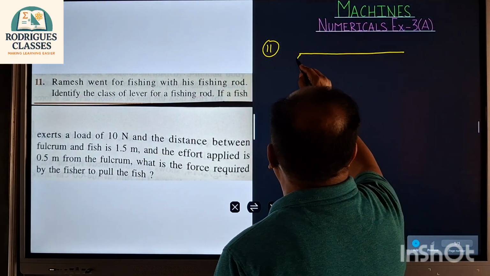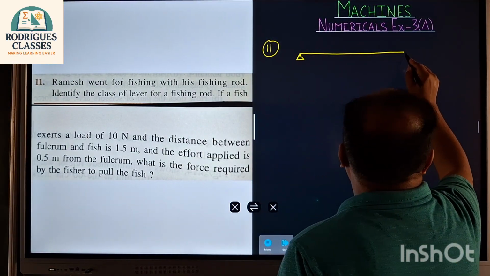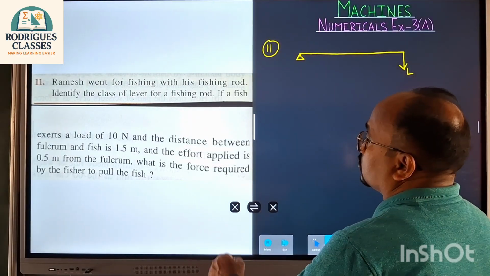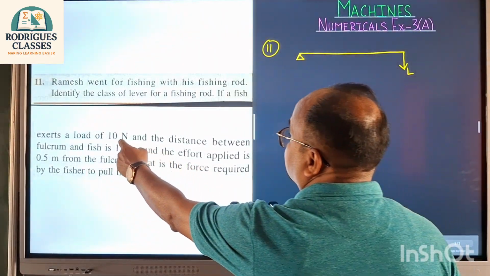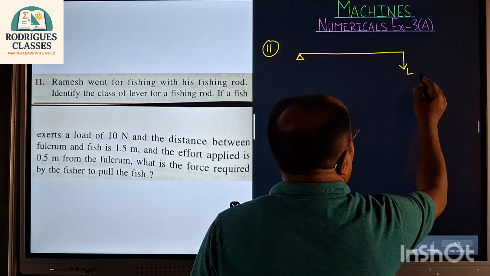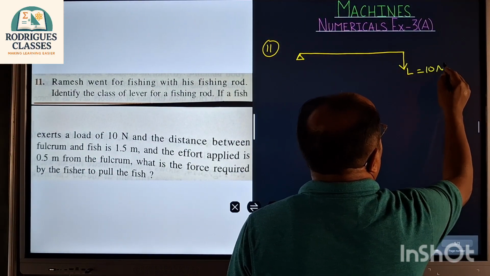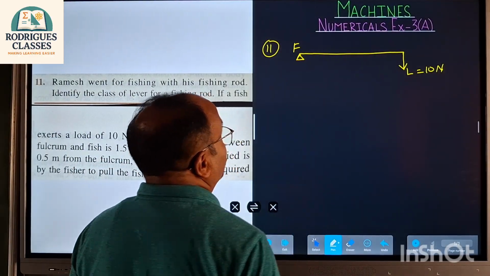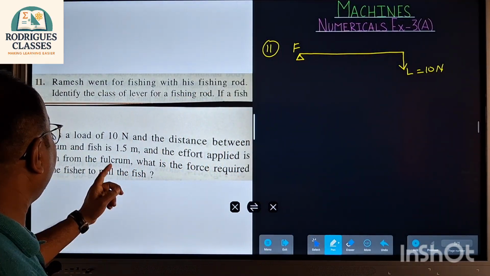Okay, fulcrum is here, the fish over here, this is the load. Okay, so it is told that fish is exerting a load of 10 Newton. Okay, this is 10 Newton load. This is the fulcrum part. So now the effort is to be applied.